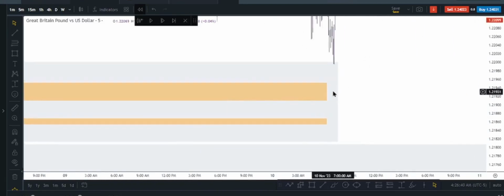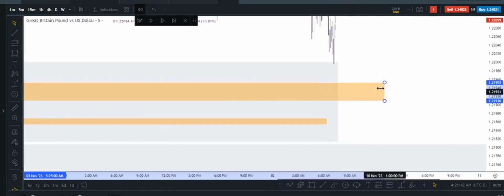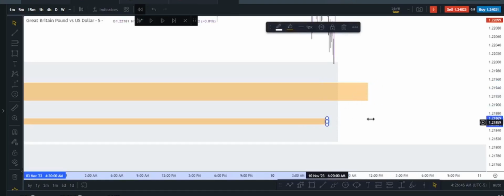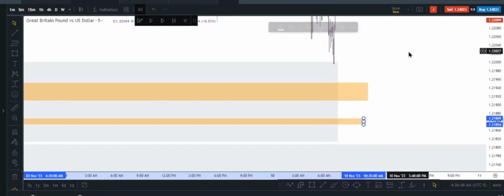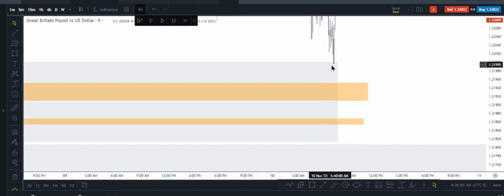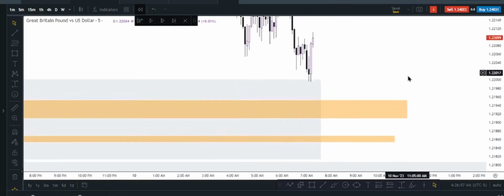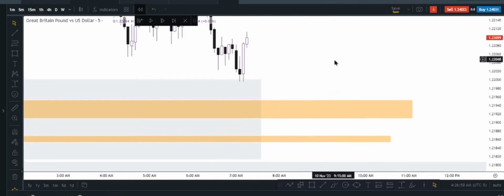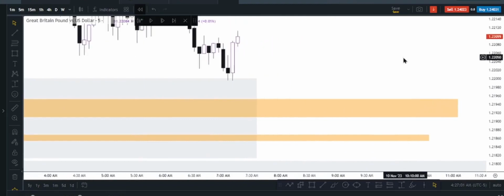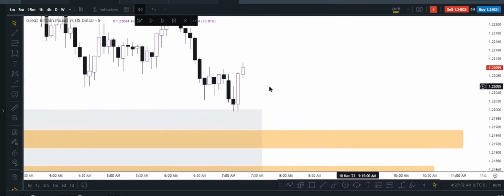Okay, so these are the 2 areas we want to see any reaction. All right, we are not interested in taking trade from here because we know that price will still go deeper. All right, now let's look at this. Let's play price and see what is going to happen.